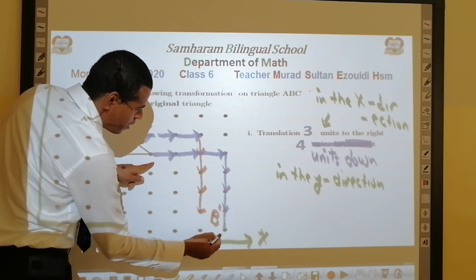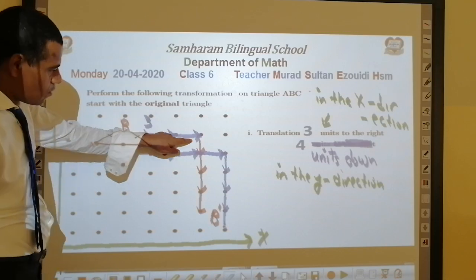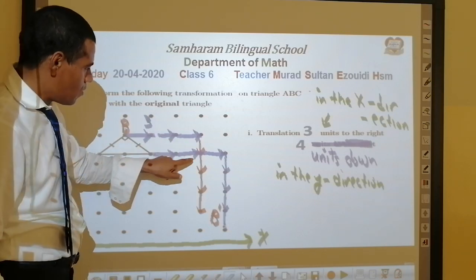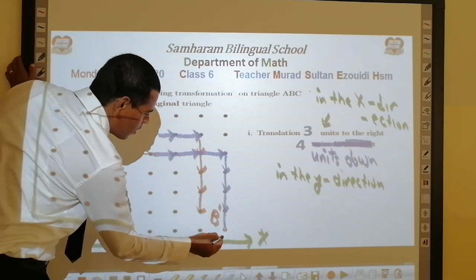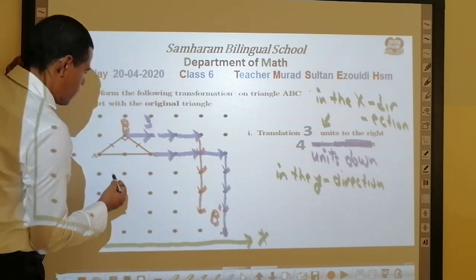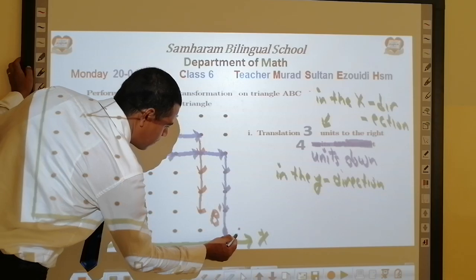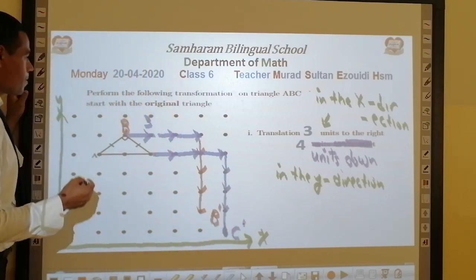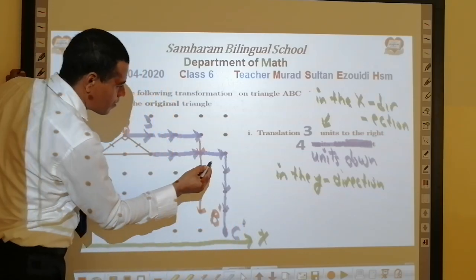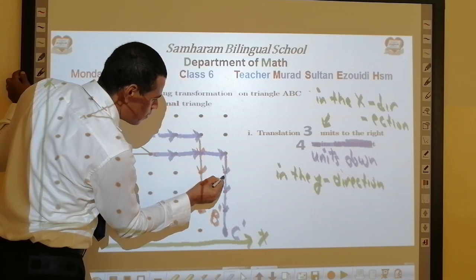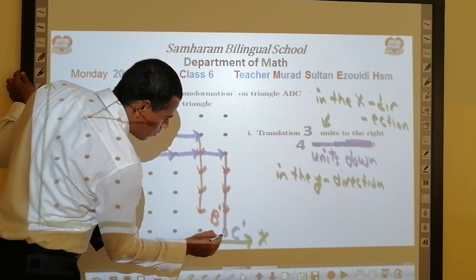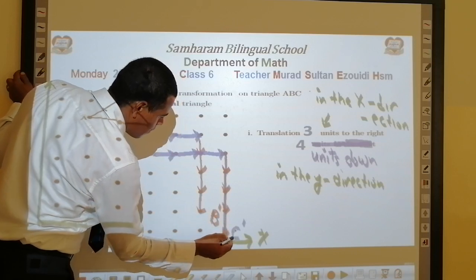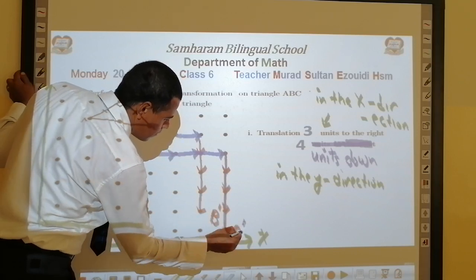In the y direction we said 1, 2, 3, 4. So this point is called C prime. I'll change the color for this one. And this one is C prime.